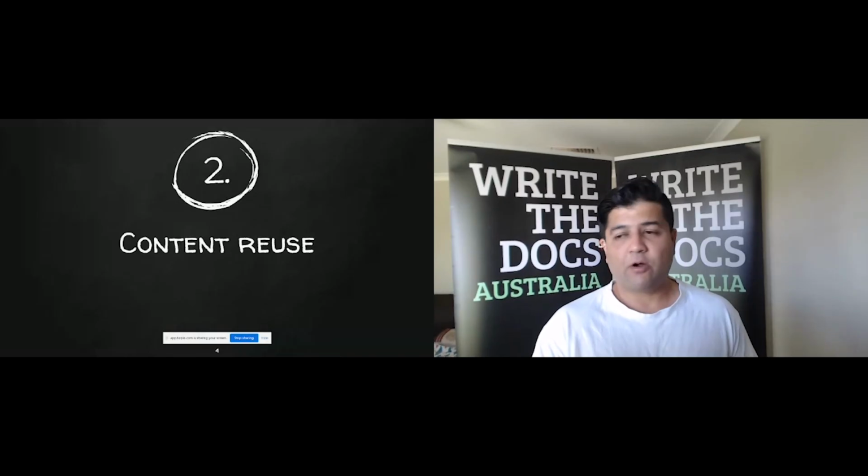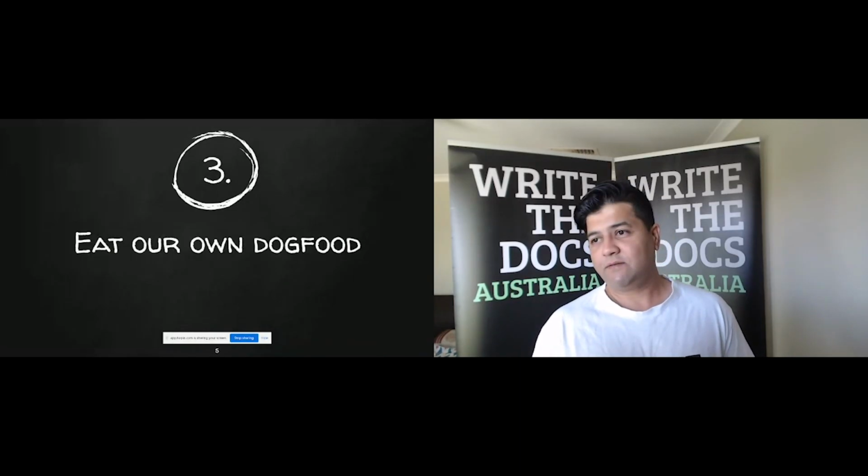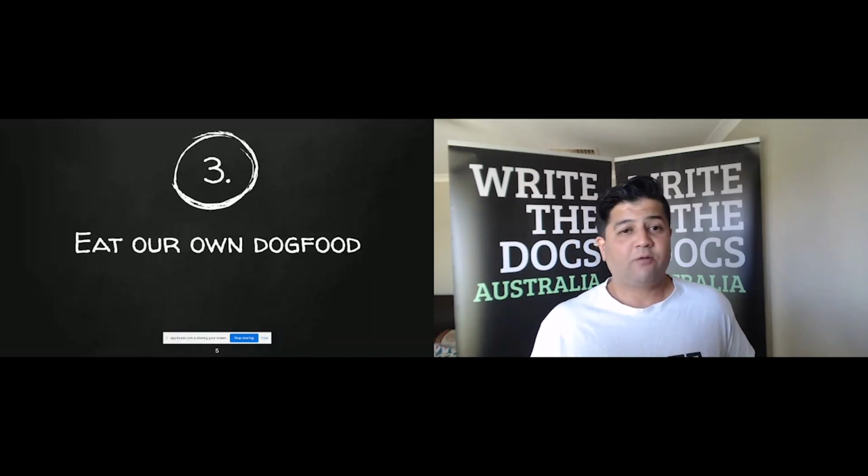It also makes content consistent because, admit it, as tech writers, we hate having to maintain content in multiple places. And lastly, yes, we would eat our own dog food. This proposal for this feature, we actually wrote in Markdown and proposed as a pull request. So how cool is that?